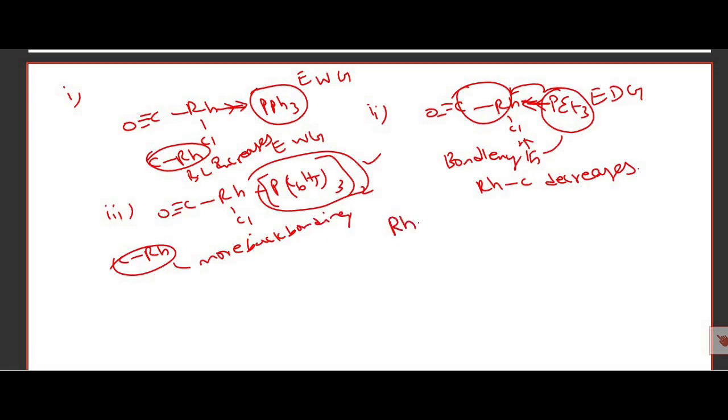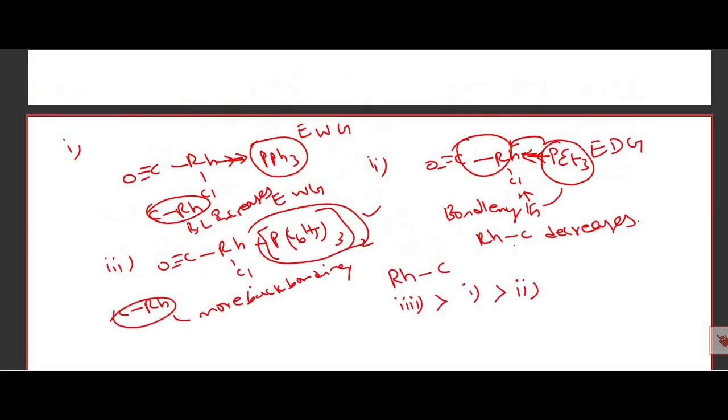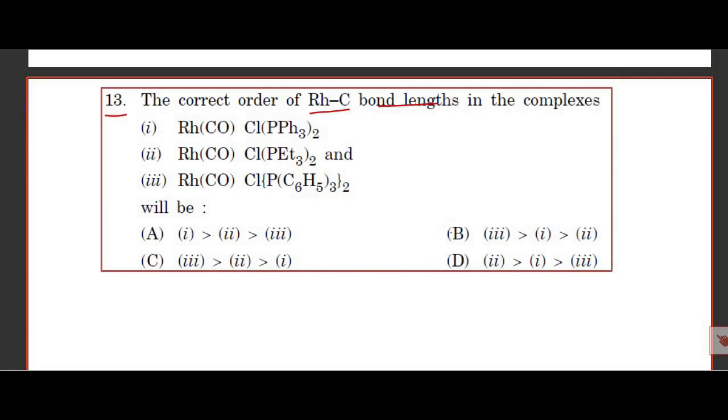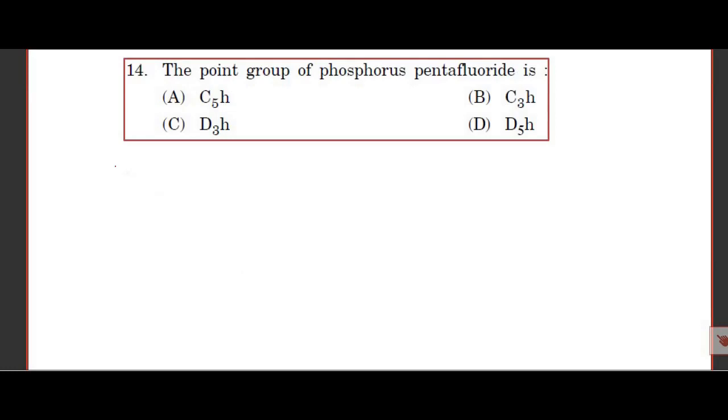Hence this Rh-C bond is greater in 3 than 1 than 2. Hence the order is 3, 1, 2. Option B is correct.